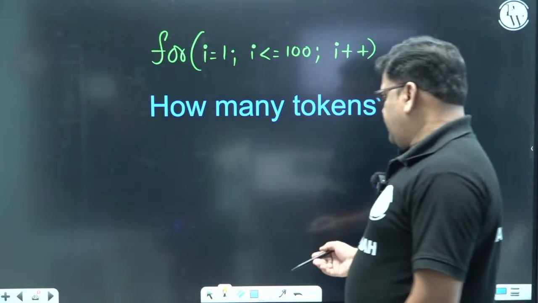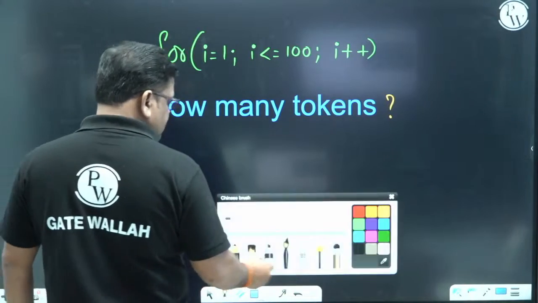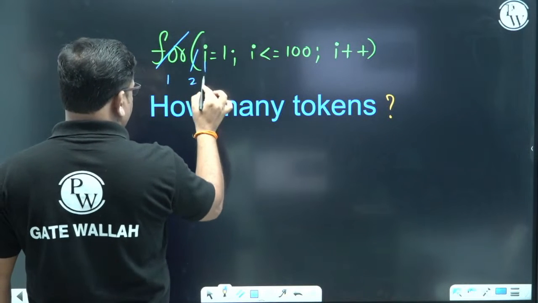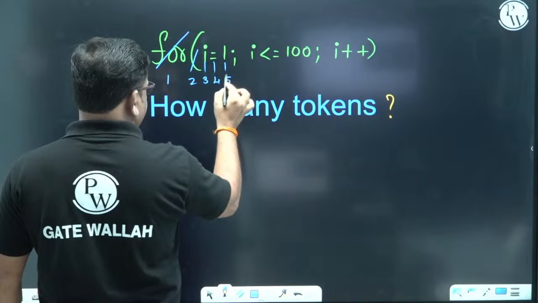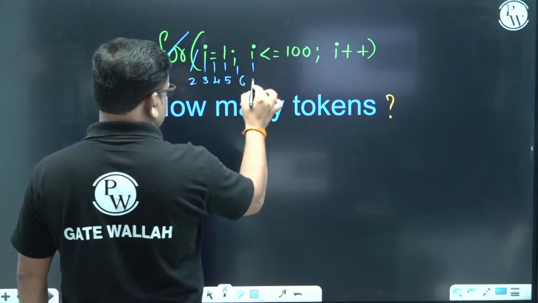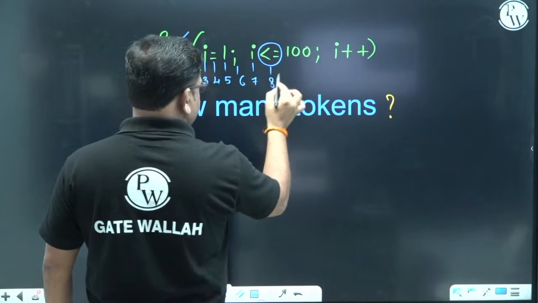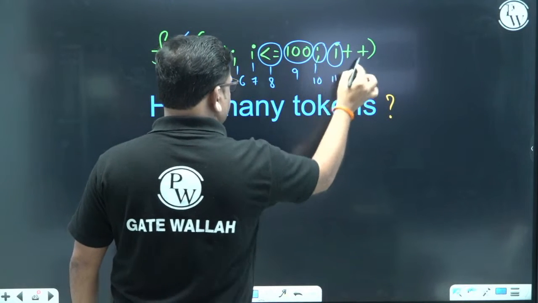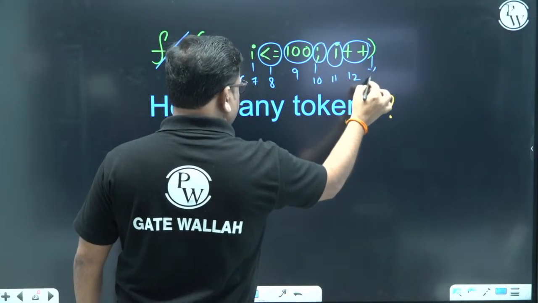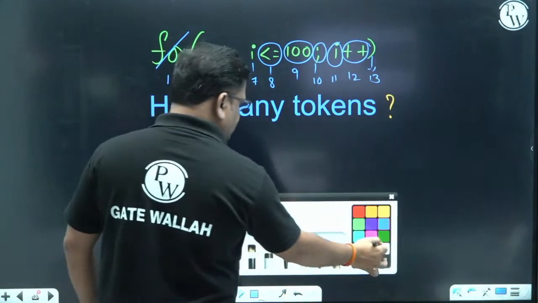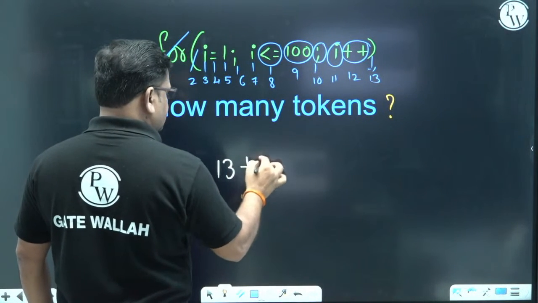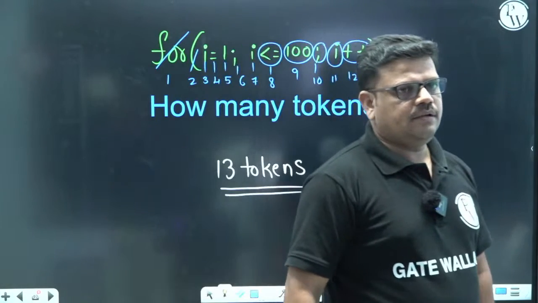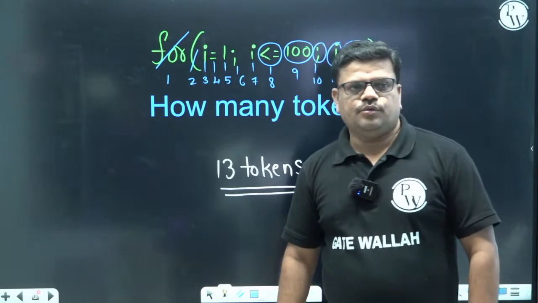So here the token list is like this. First, this is a keyword, 1 token, 2, 3, 4, semicolon, 6, 8, 13. The total number of tokens produced by the lexical analyzer is 13 tokens.